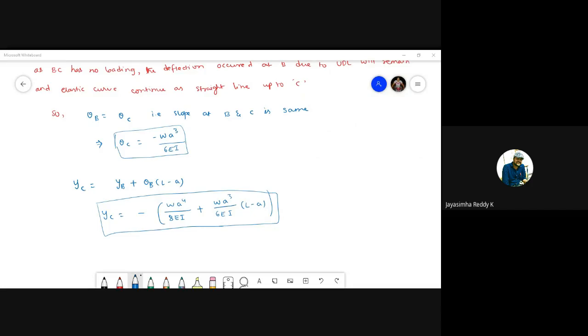Manikant, Lakshmi Mukesh, Keshav Sai. Sir, is it okay, sir? So Lakshmi Mukesh and Manikant, what are you doing?